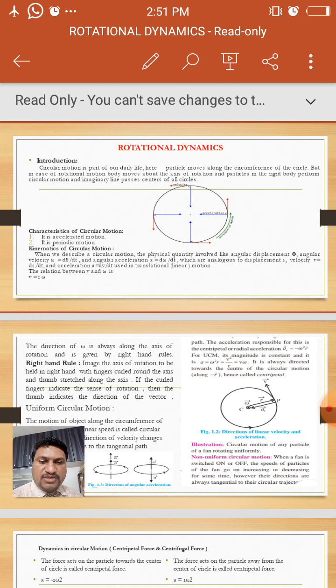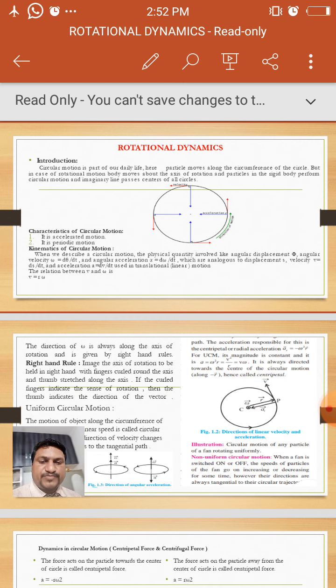In vector form, vector a = minus omega square times radius vector r, and the minus sign indicates that the directions of a and r are opposite.